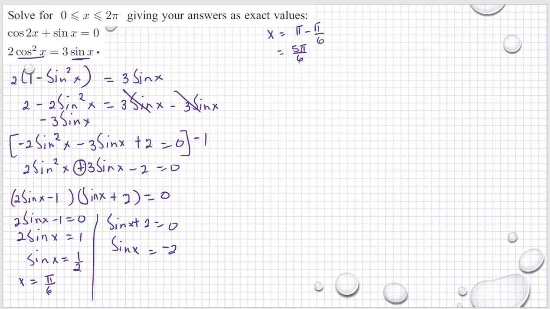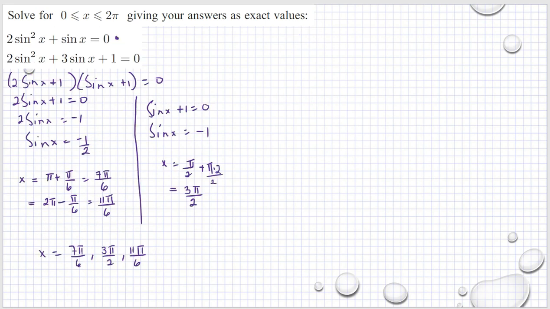That means this has no solution. So we have only x equal to pi over 6 and 5 pi over 6.